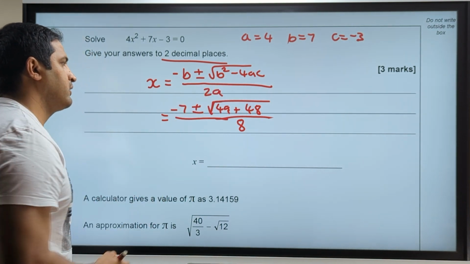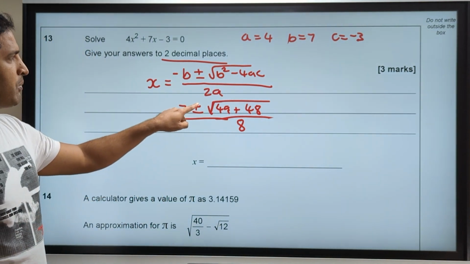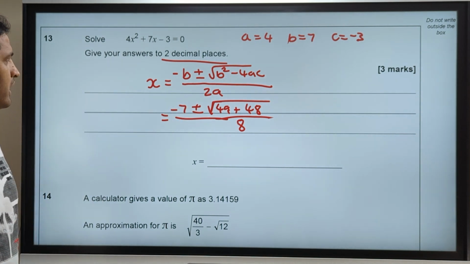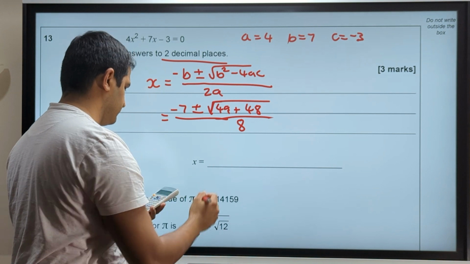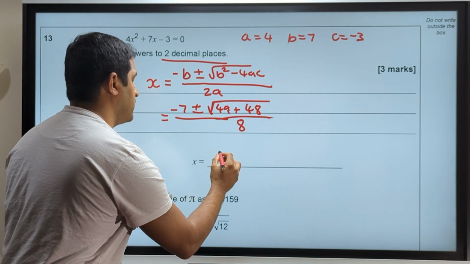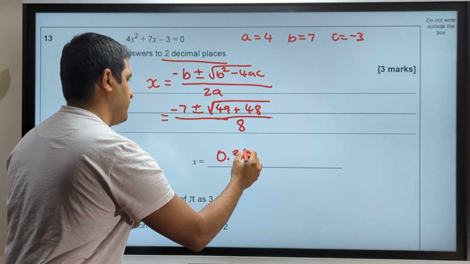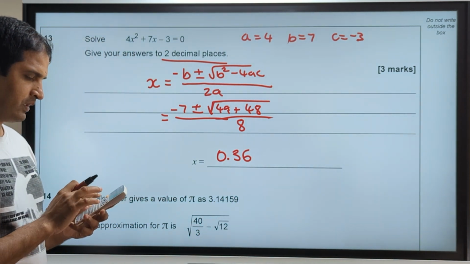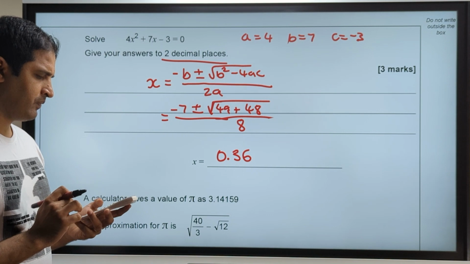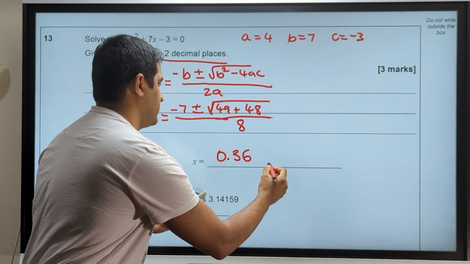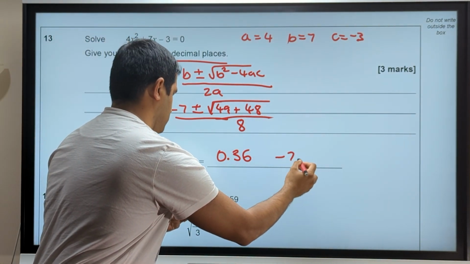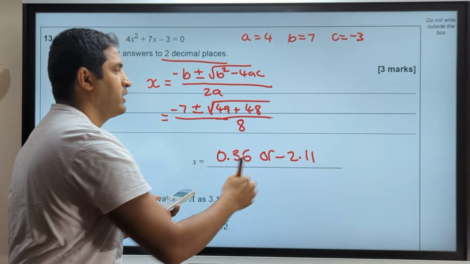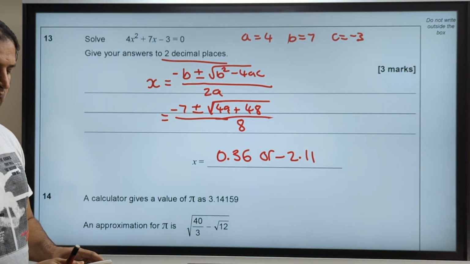And put that in the calculator. One answer you get for the positive one, and another one you get for the negative value. So we get one answer to be 0.36 at 2 decimal places, and the other answer is negative 2.11. So those are the two answers we get when you put that in the calculator.